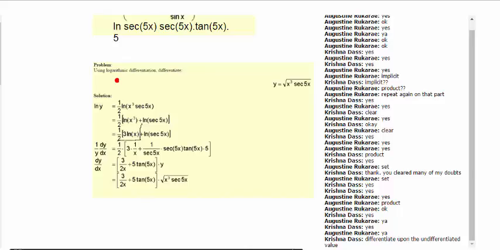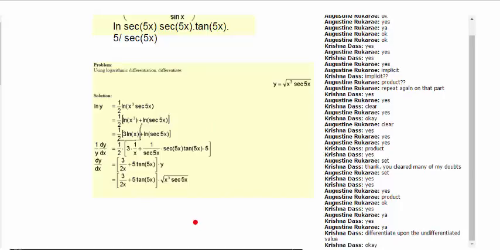I hope this is clear. But there is something that I am missing, which is divided by the original function, which is secant 5x. So that's how we differentiate this. Now, we can cancel this secant 5x with this secant 5x because they have been divided.